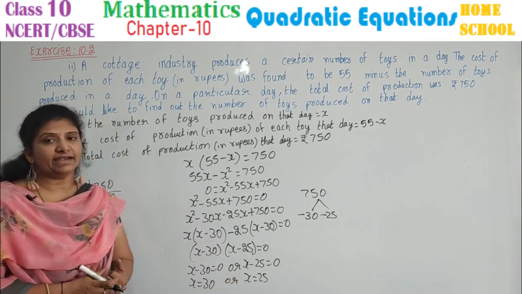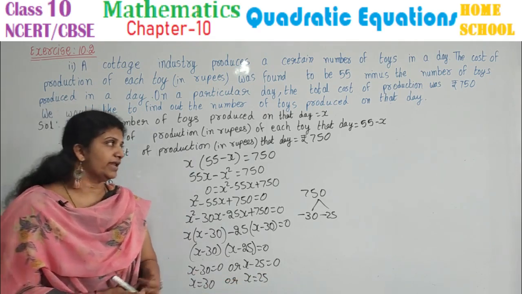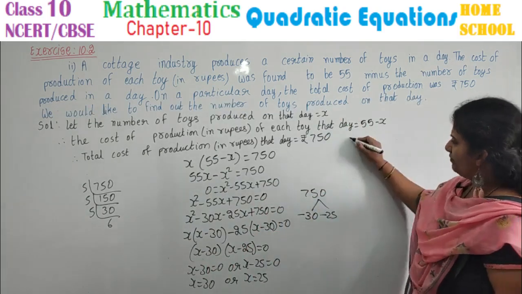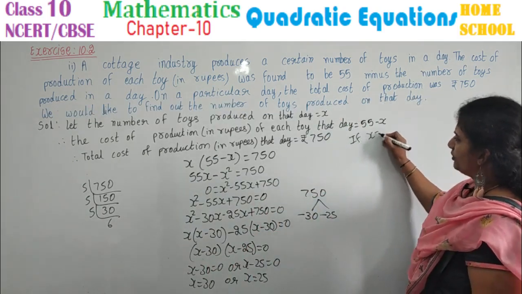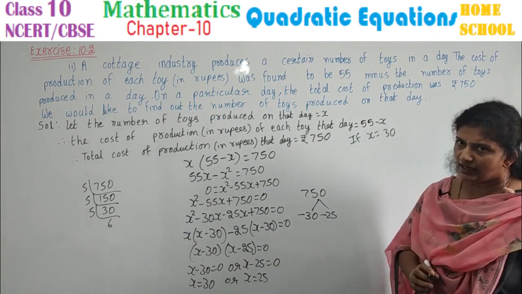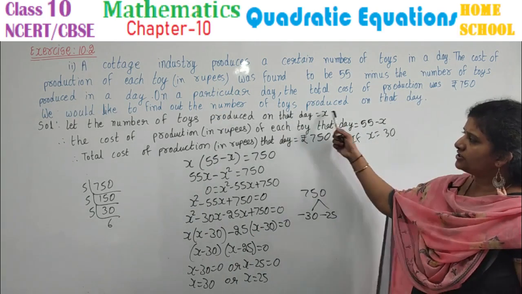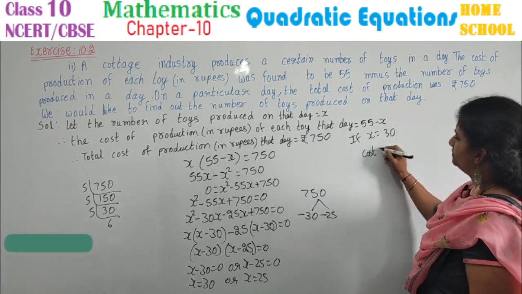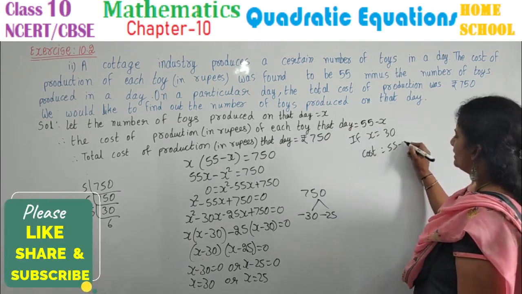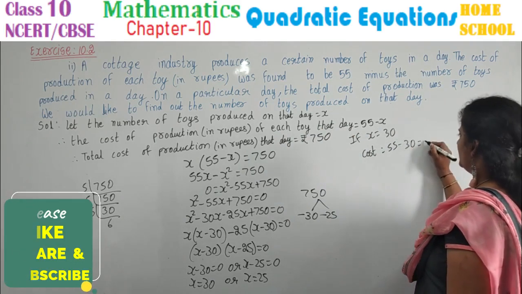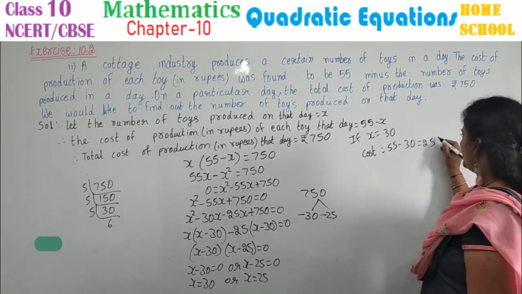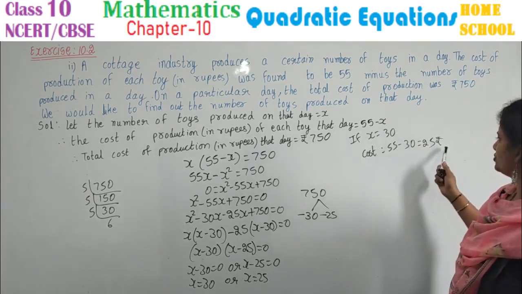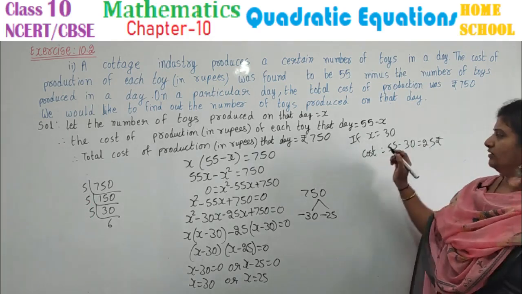So on that day, how can you consider this problem, children? I need to take both the cases. If x is equal to 30, the number of toys produced is 30, then the cost is 55 minus 30, that will be 25 rupees. If 30 toys are produced, each toy costs 25.